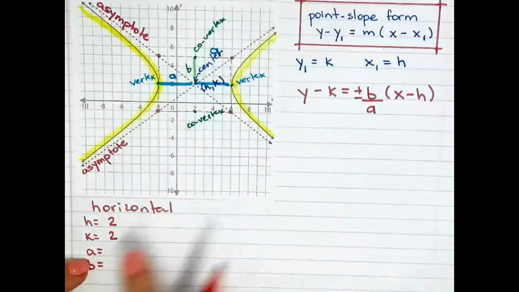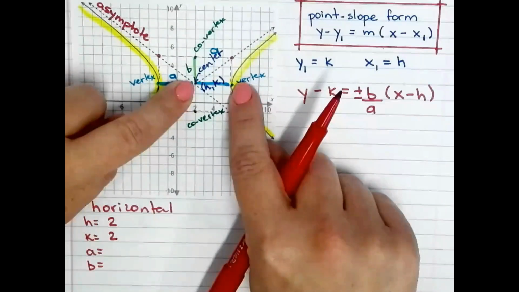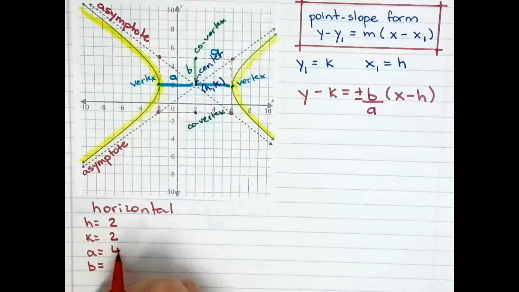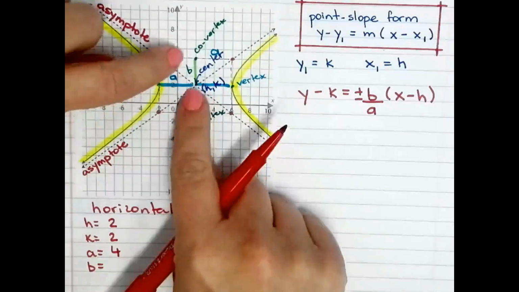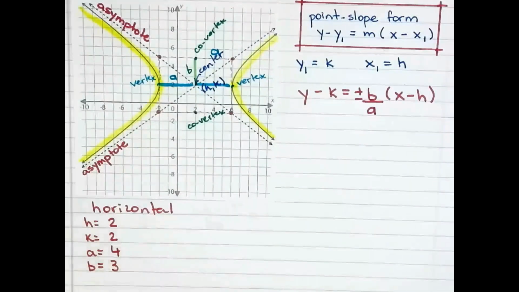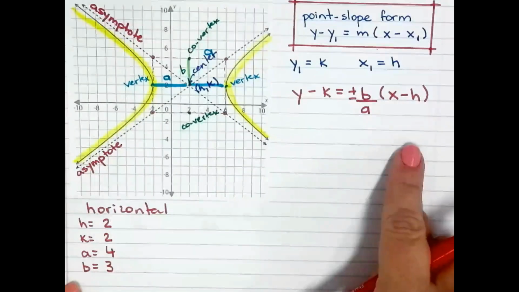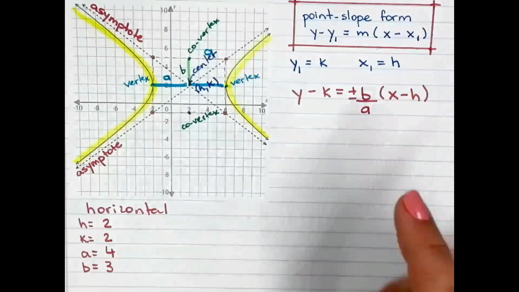A is the distance from the center to the vertex. So right there I have 4. B is the distance from the center to the covertex. So right there, 3. Okay, now I have everything I need to write the equation of the asymptotes, both asymptotes.